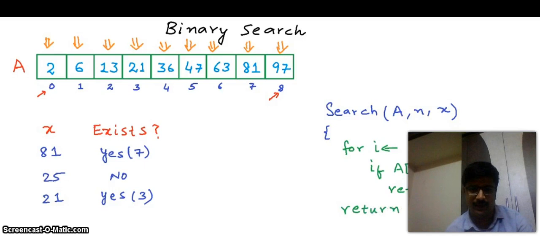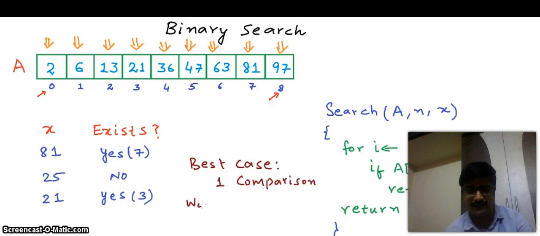Let's say returning -1 means that we could not find x in the array A. Now with this algorithm, if we are lucky, we find x at the first position itself. So in the best case, we make only one comparison, and we will be able to find the result.